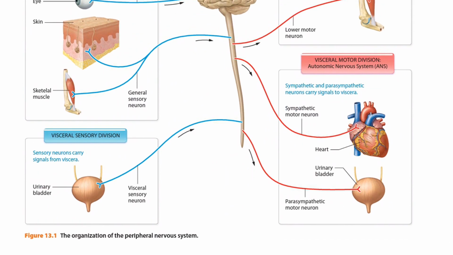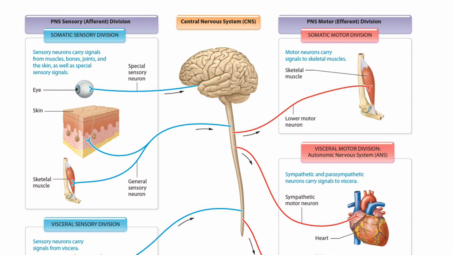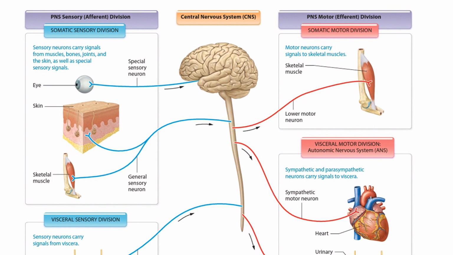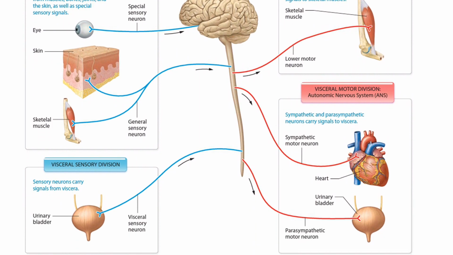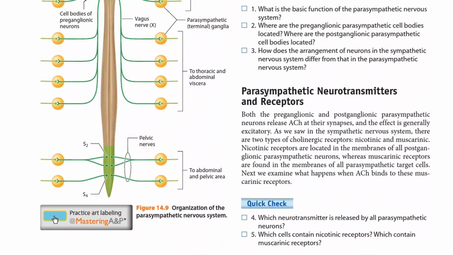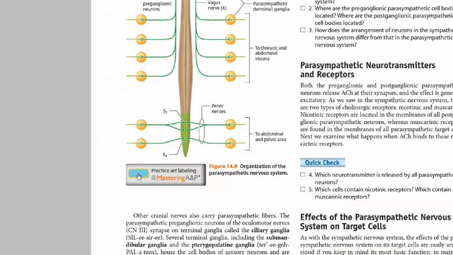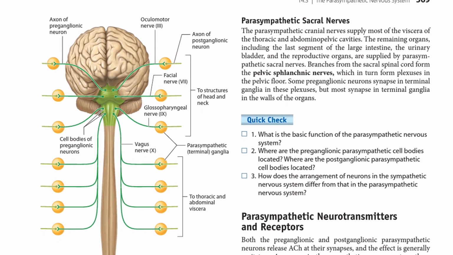This is the map for the peripheral nervous system, and here the organization of the parasympathetic nervous system.